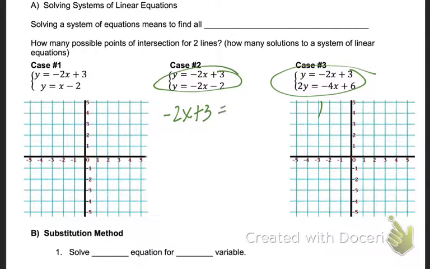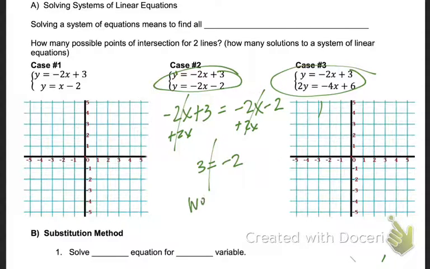Negative 2x plus 3 equals negative 2x minus 2. Because they're both y equals, right? If I solve for x, so I add 2x to the other side, they end up canceling out. And I get 3 equals negative 2. That's a false statement. It's not right. So that's what I mean by a false statement, that 3 does not equal negative 2. So that would mean that there's no solution.